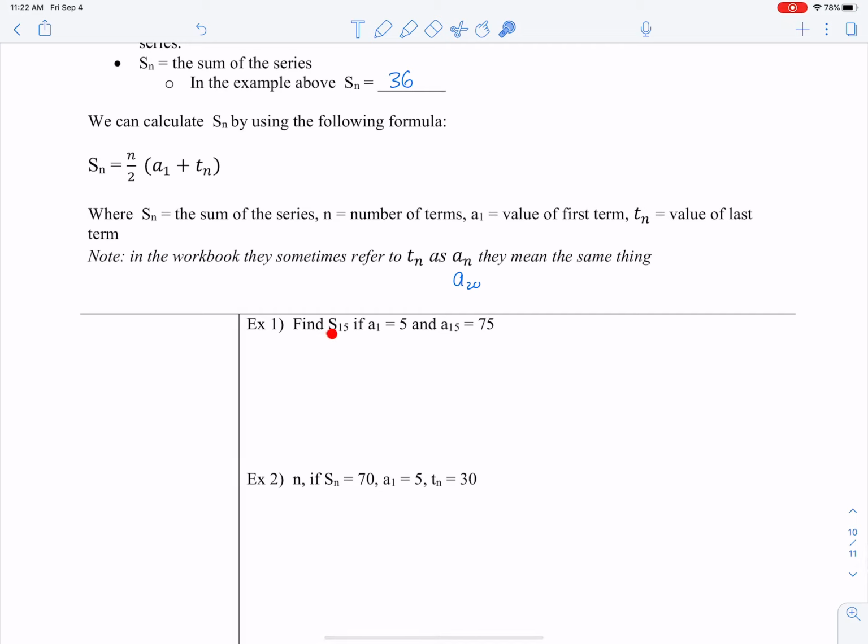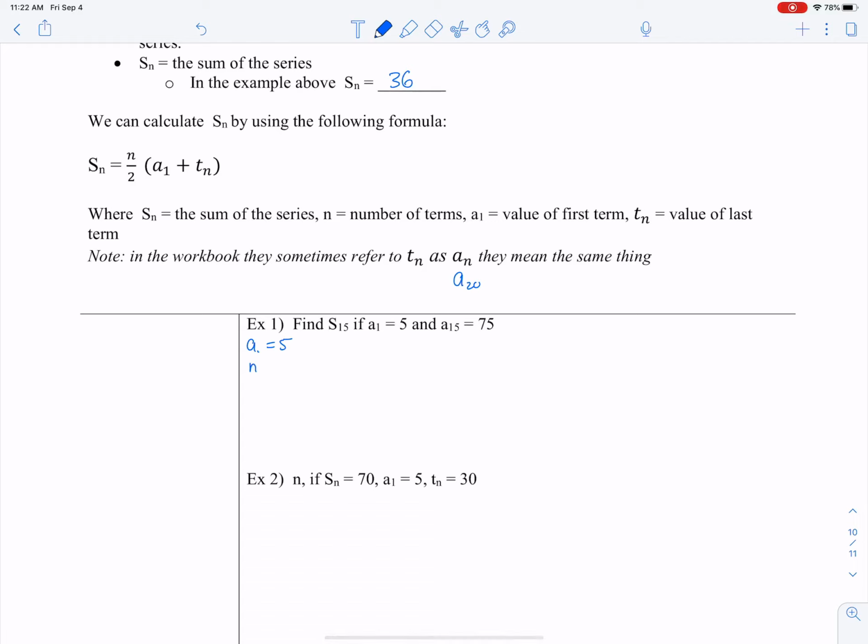Here it says find the sum of the 15 numbers if A1 is 5 and A15 is 75. So we're going to write down what we know. We know A1 is equal to 5.